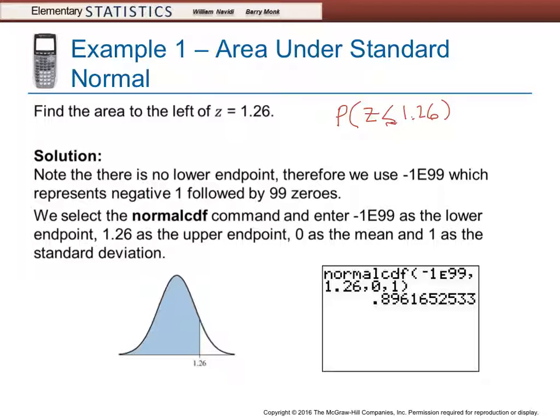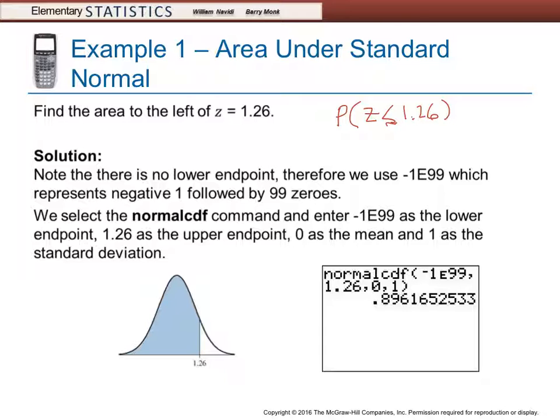So that's what we're doing. We're finding the area, which is a probability. And how we're going to do that is we are going to use the second vars command, and then we're going to select the normal CDF.